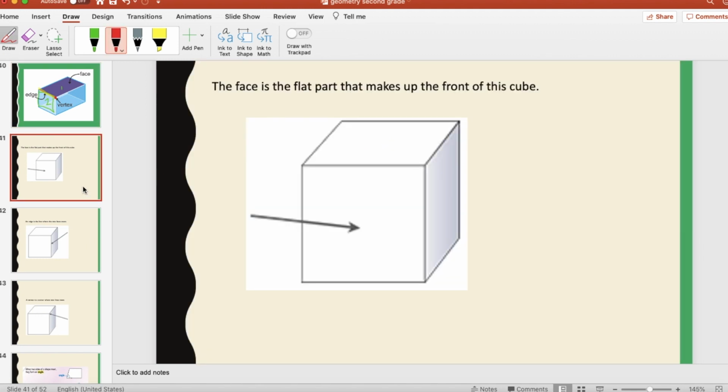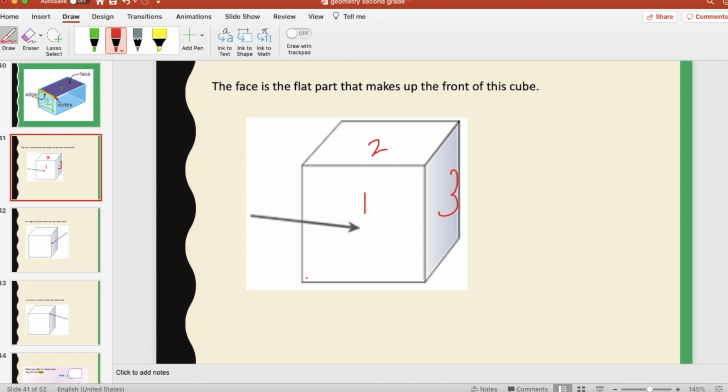Okay, so we'll go over these more. The face is the flat part that makes up the front of this cube. This is our three-dimensional shape, which is a cube. That's just one. Right away I could see one, I could see two, and this would be three. There's another face behind the box, one to the side over here, and one at the very bottom.